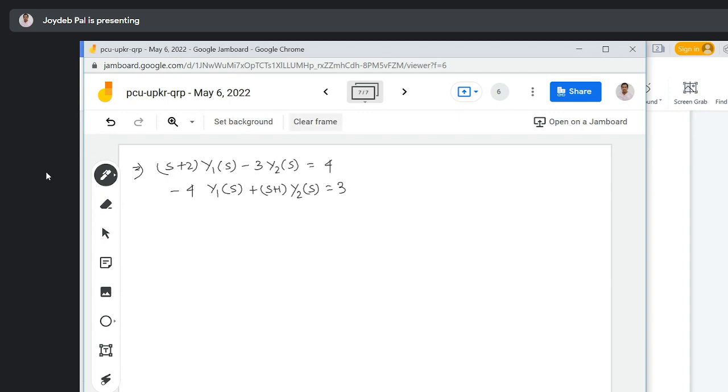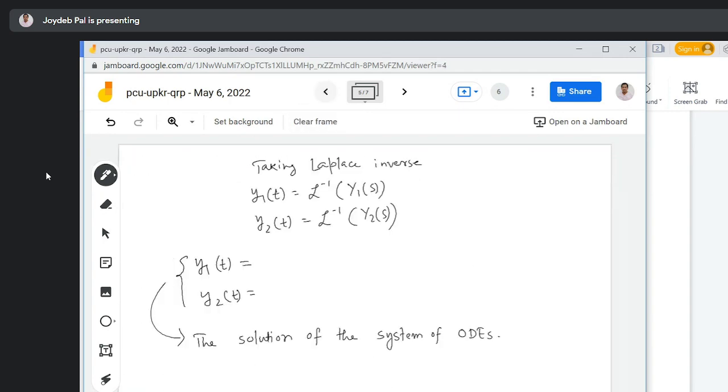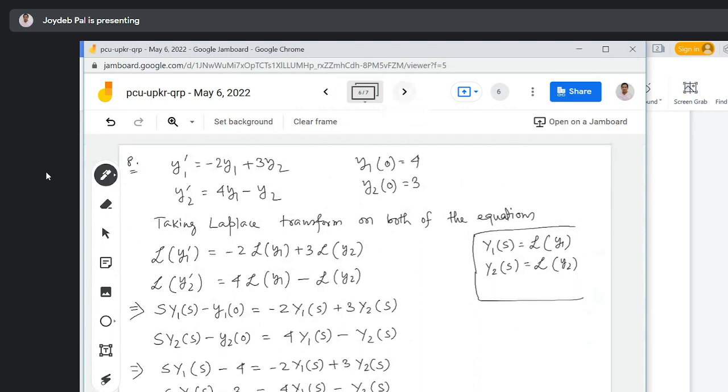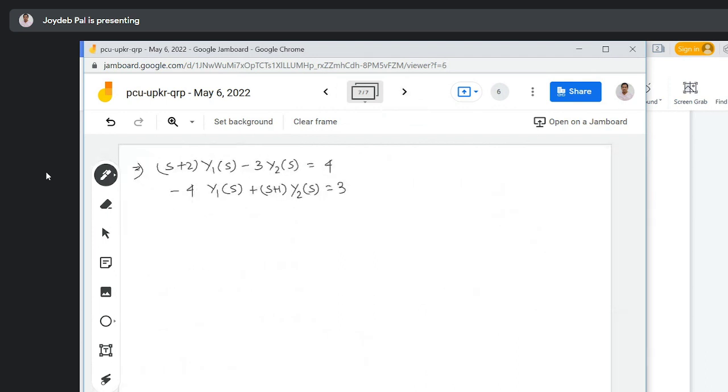Okay, now see, as I told at the beginning, after simplification we will get something into Y1(s) plus something into Y2(s) equal to something, and the second also in the same form, right?